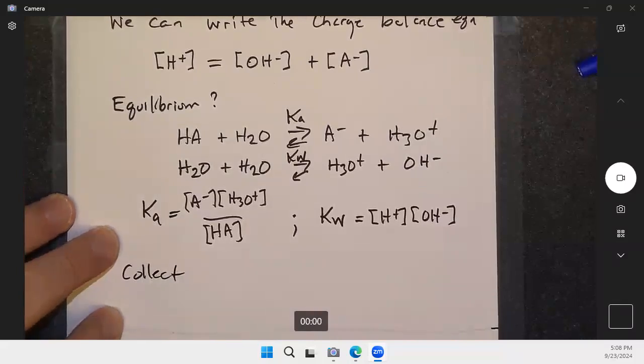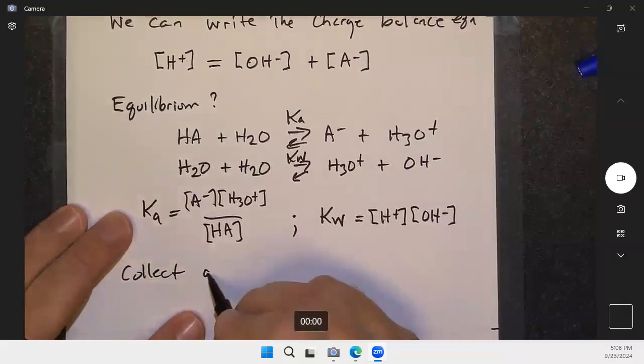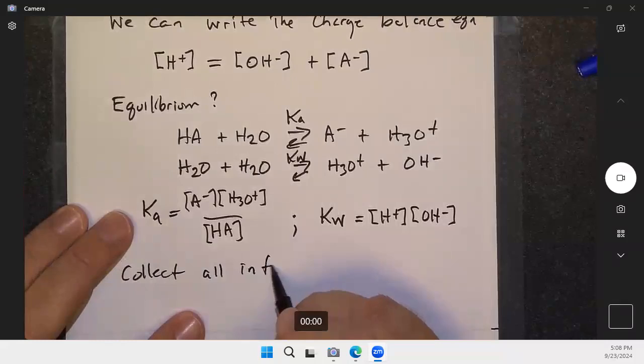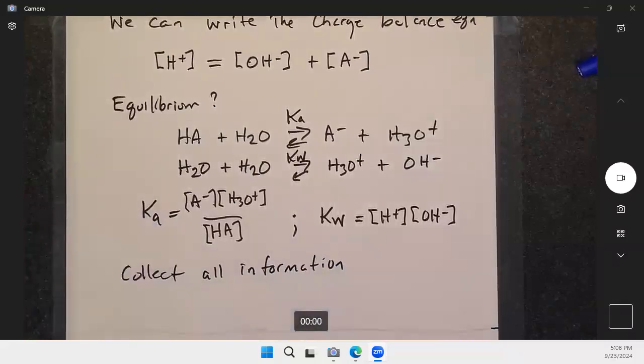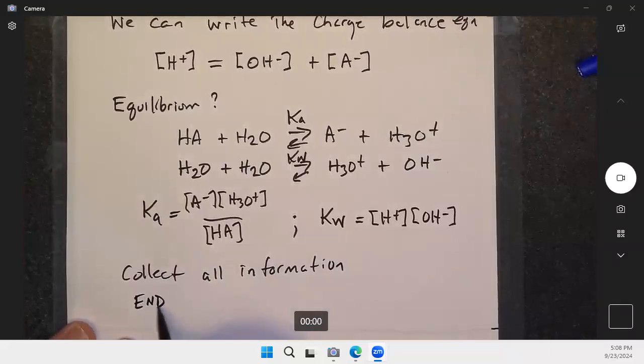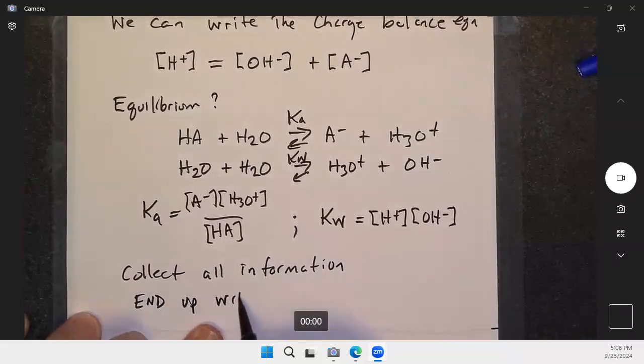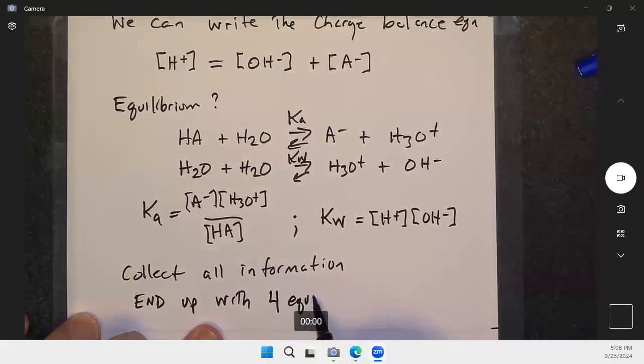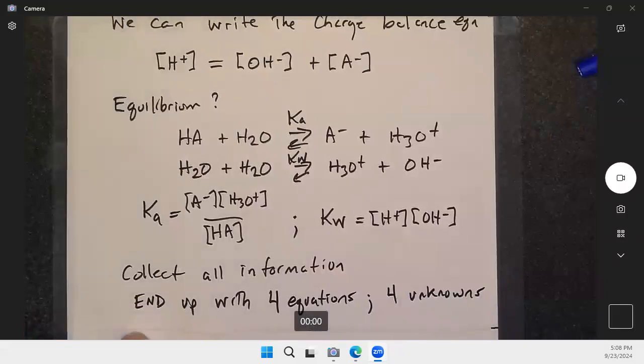Now we're going to collect all the information, and what we end up with is four equations and four unknowns.